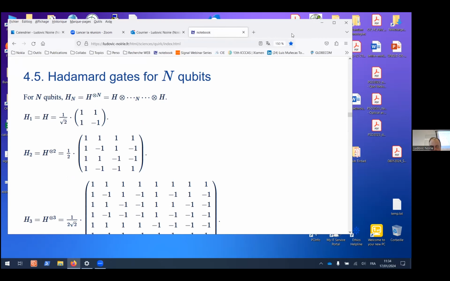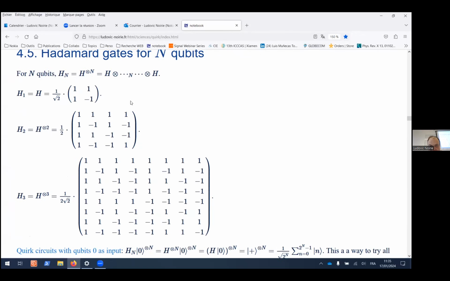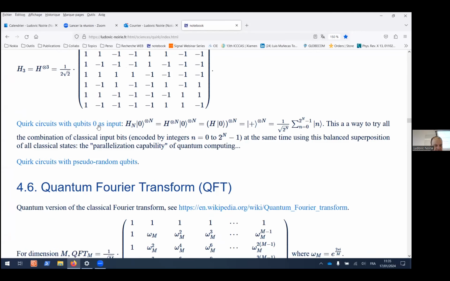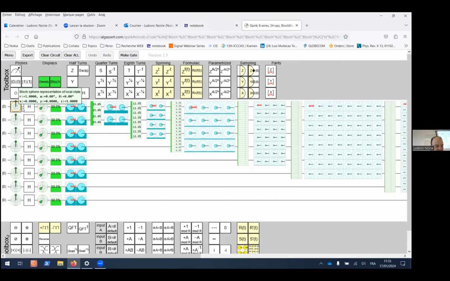And how do we apply it? Tensor product may appear as being something a bit complex to do, but it's really easy to do with Quirk. Here is the example: when we apply the tensor product, it is simply the fact that you apply H on each qubit here.